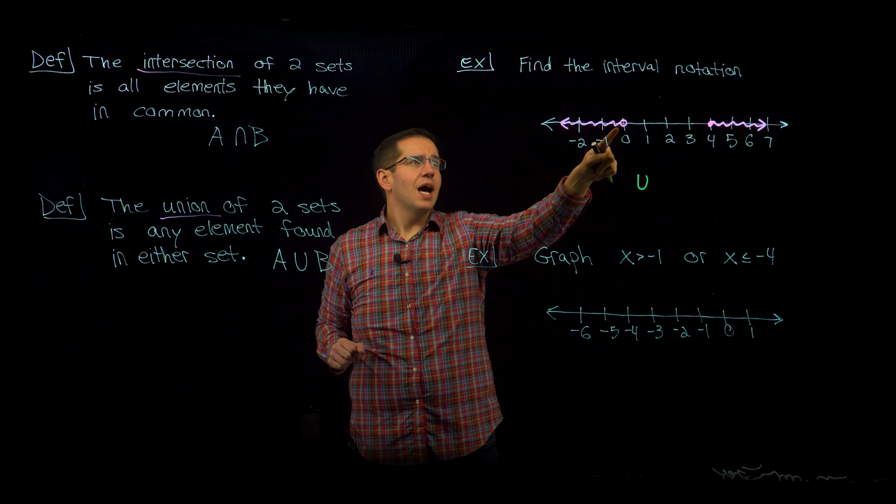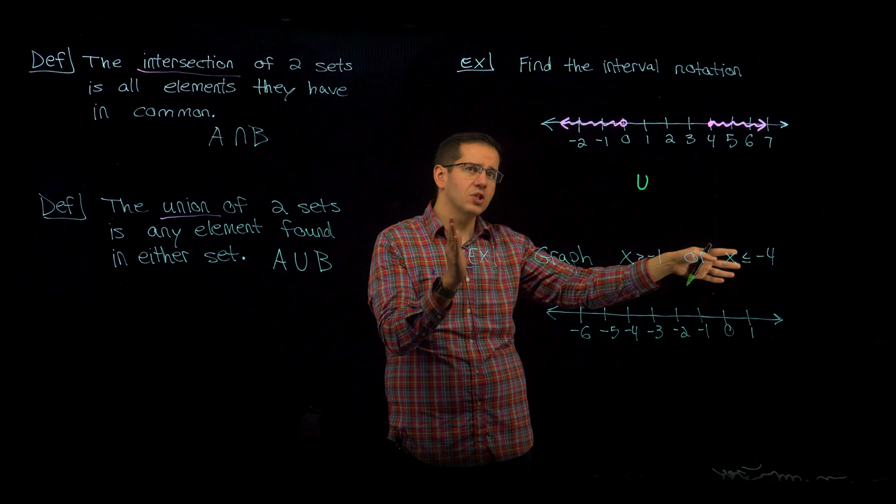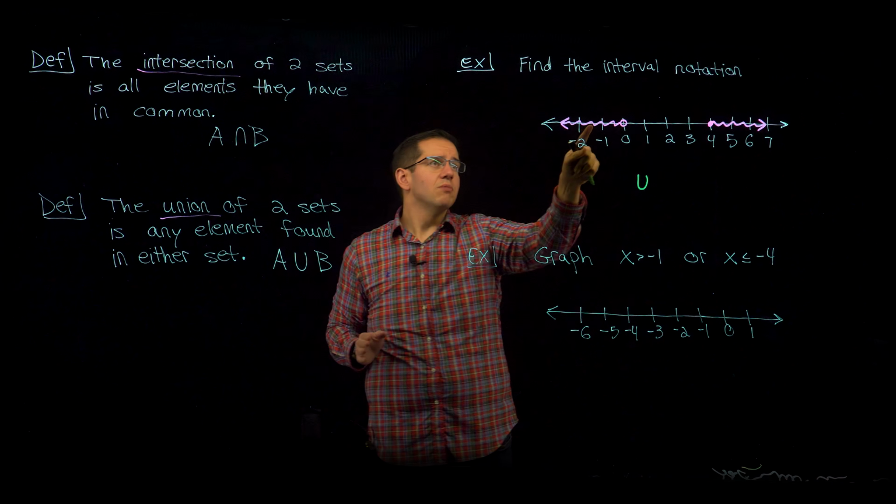So for instance, on this left one, we always want to work with the smallest number and go to the largest number. So the smallest number in this first interval is the arrow pointing all the way to negative infinity. So we start at negative infinity and we work our way until we get to our first break in the interval, which is at 0.